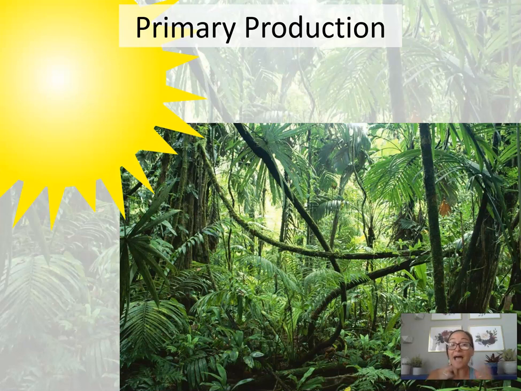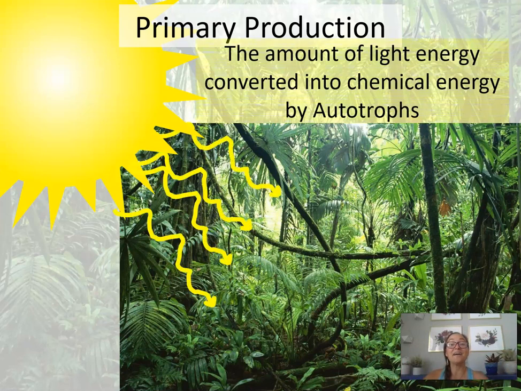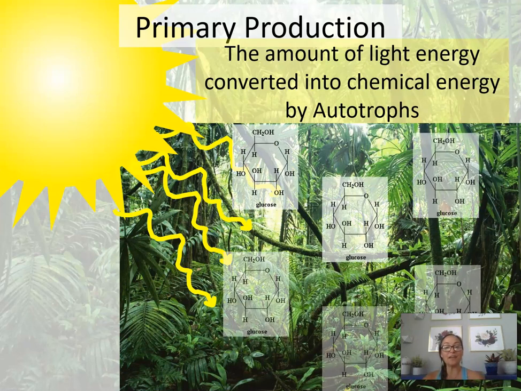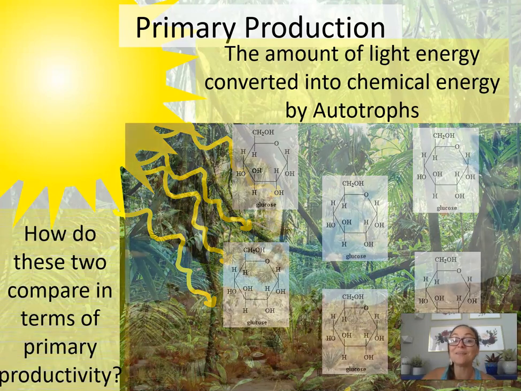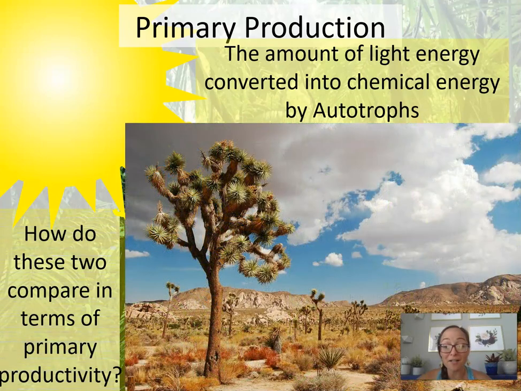They are our primary producers that are converting that solar energy into stored chemical energy. So this process is called primary production, and you can actually measure how much potential energy is in an area, right? So the amount of light energy converted into chemical energy is called primary production, and we store that energy in the bonds of our organic molecules.